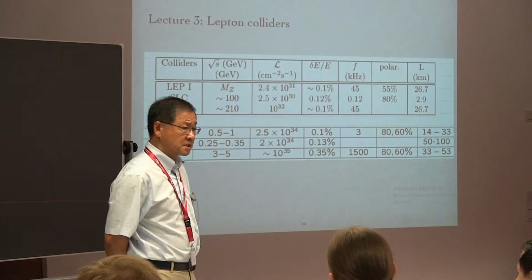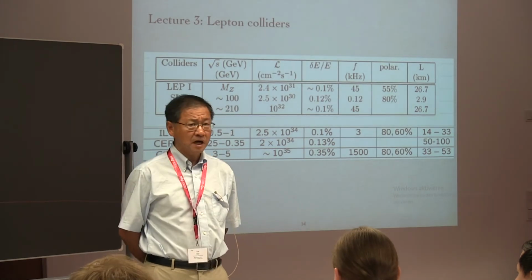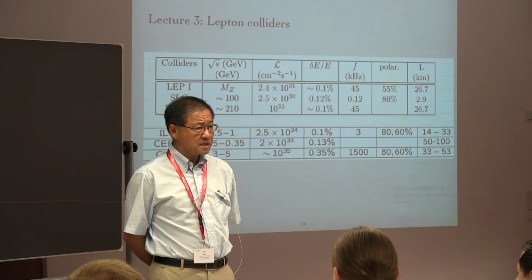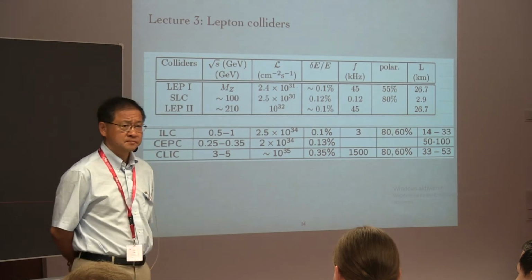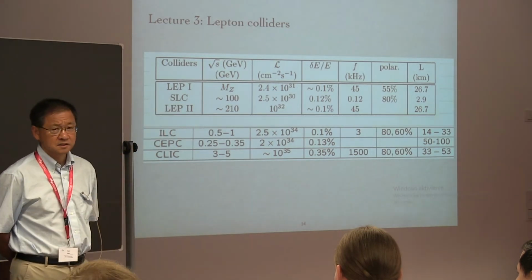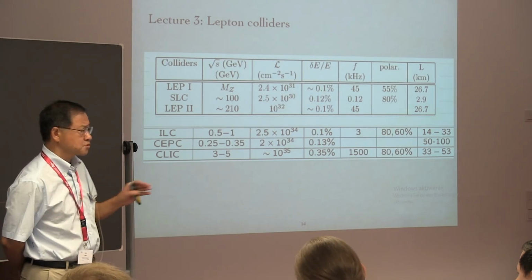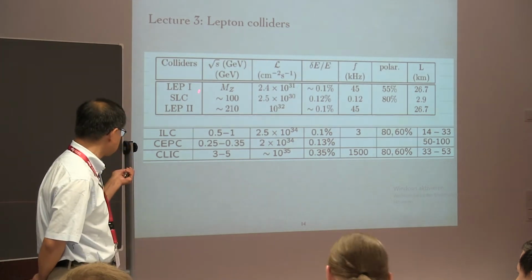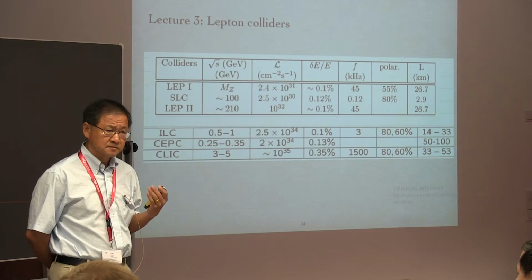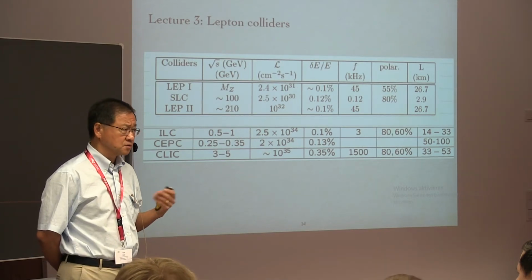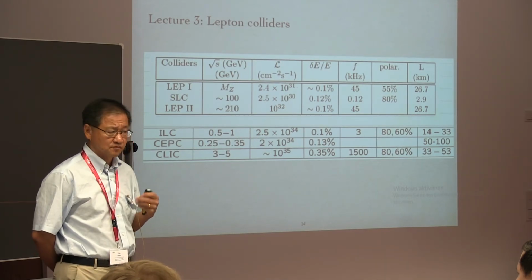LEP 1, of course, did not win the Nobel Prize. LEP 2 did not. That tells you an important message: winning the Nobel Prize is not the only measure of our science advancement. LEP 1 and LEP 2 are extremely important, including SLAC, for our understanding of nature, in particular the electroweak theory. So absolutely necessary.